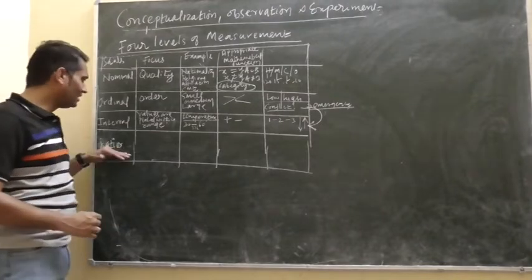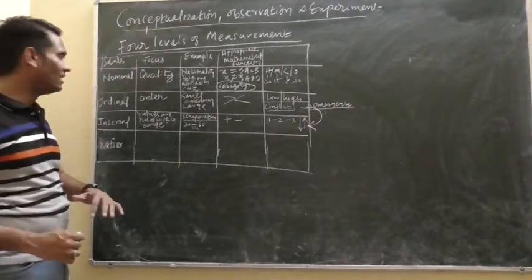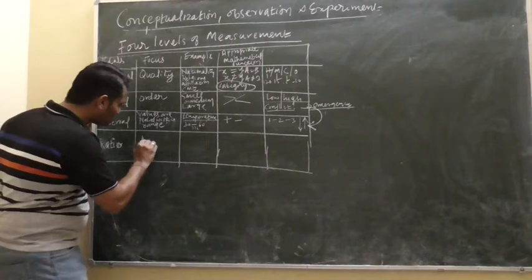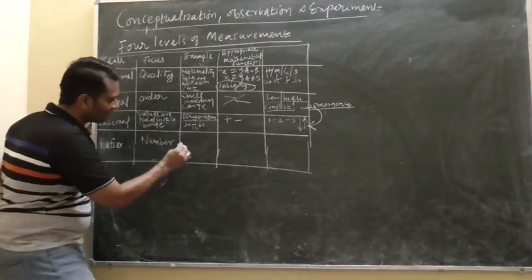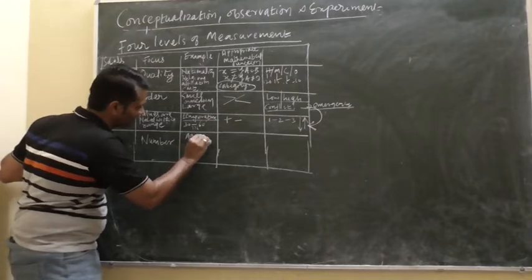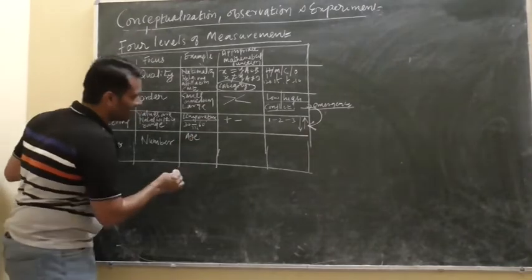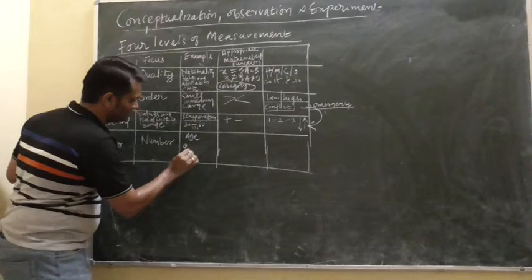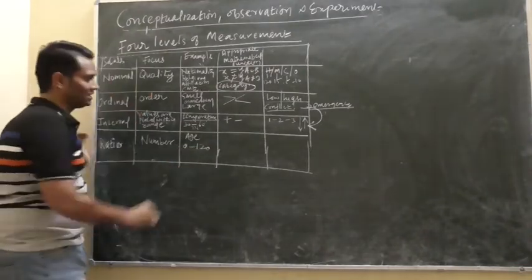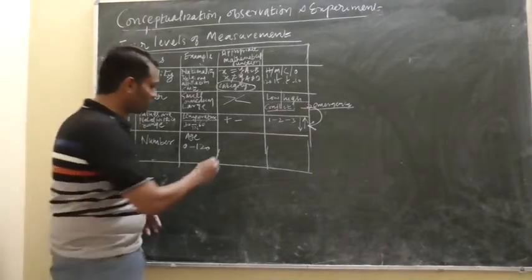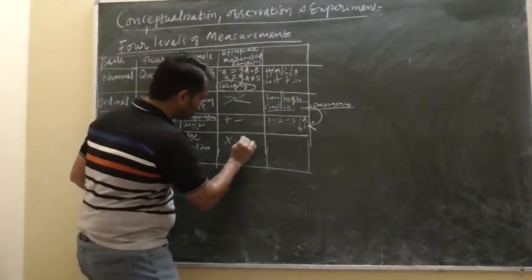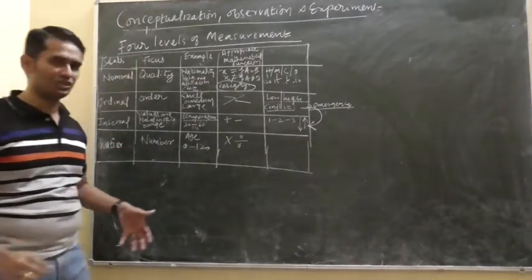And the third one is the ratio scale. The ratio scale you will be able to see in a number format. A very good example is age. The age starts from, for instance, 0 to 120. But in the ratio scale, you will be able to introduce multiplications as well as divisions.